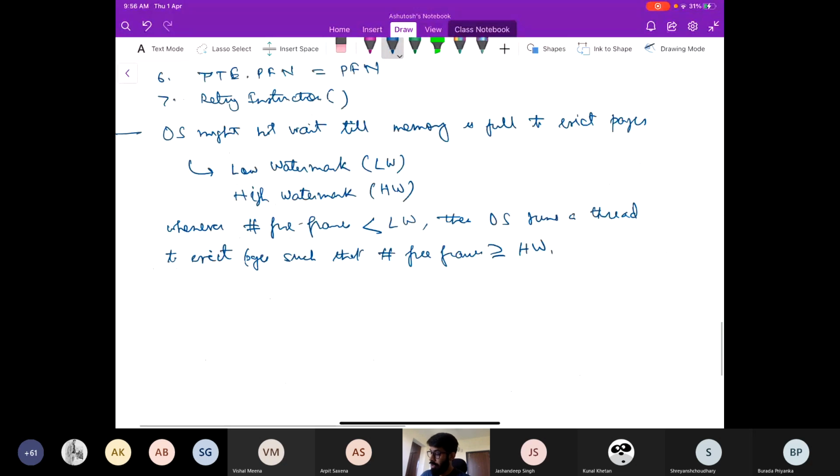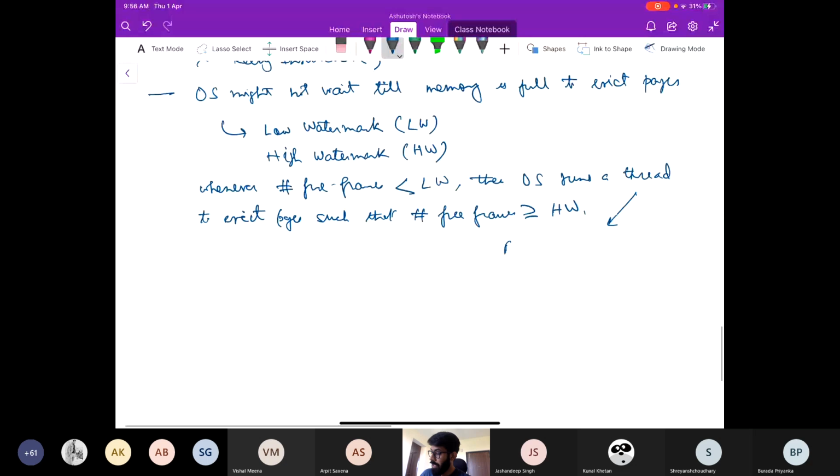And this thread is for freeing up frames and is called the swap daemon or page daemon. So this runs in the background, evicts pages to make up space so that next time, whenever the OS needs, there are some free pages there.